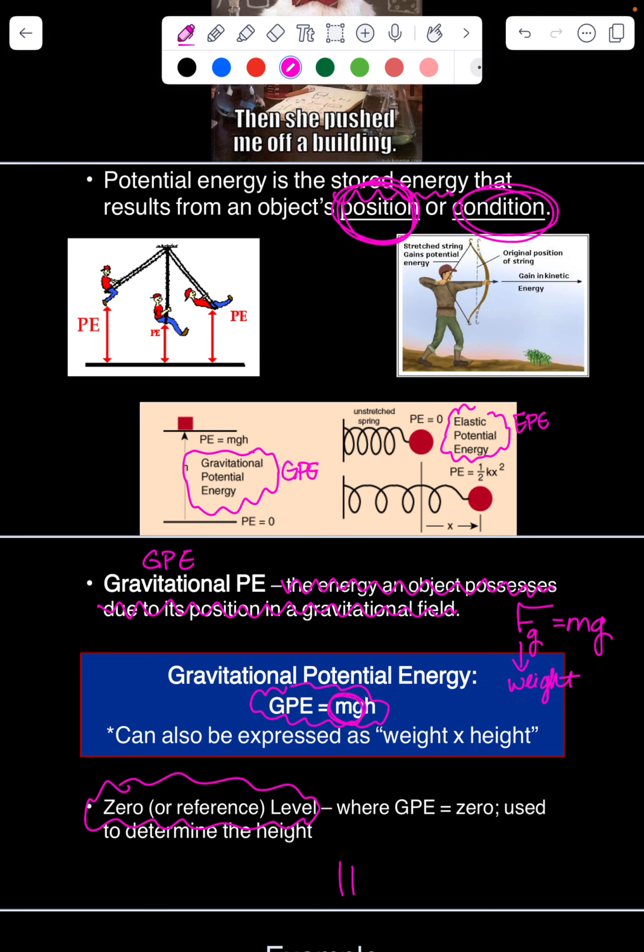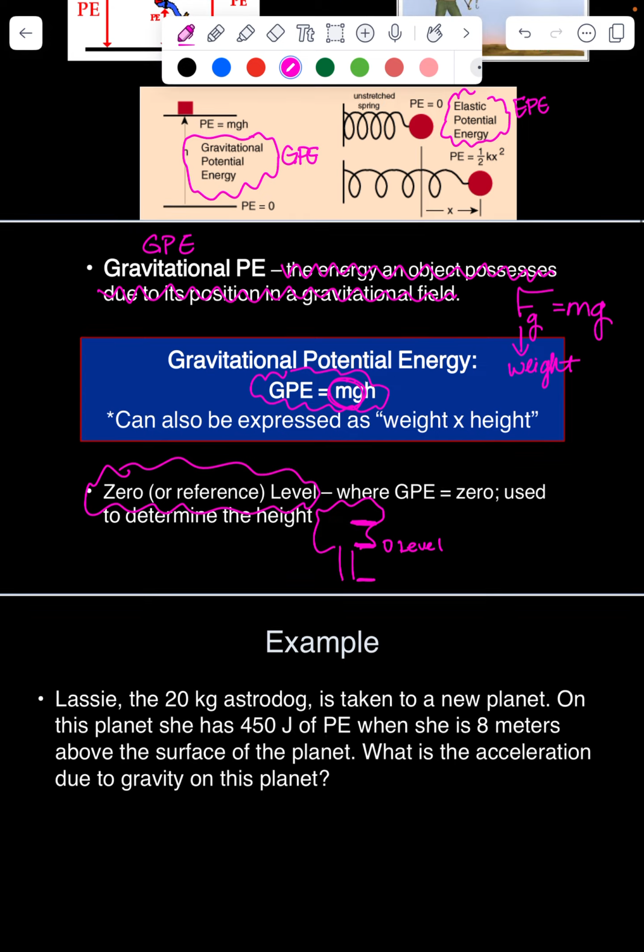You could say that you went from this branch up here to this branch down here, so this would be your zero or reference level. It could also be from this highest branch to the ground. Like I said, 99.9% of the time our zero level is going to be the ground, but it can change with the problem. So let's try an example.